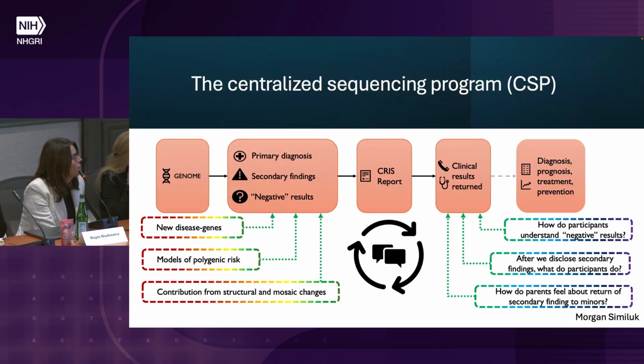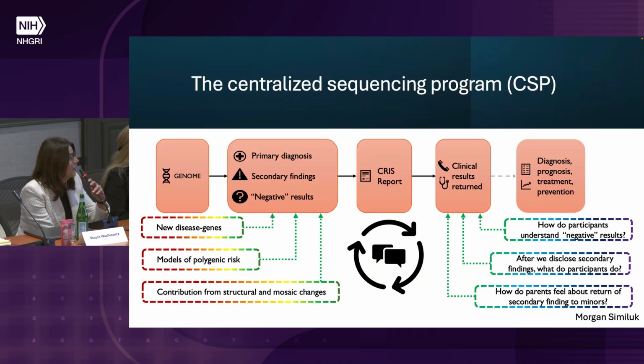So the centralized sequencing program is a team of board-certified clinical molecular geneticists, genetic counselors. We have some postbaccalaureate fellows that are supporting us as well, and technical staff. And our mission is pretty simple. We offer everyone who enters the clinical center for a study at our institute a molecular workup that currently includes genome sequencing.